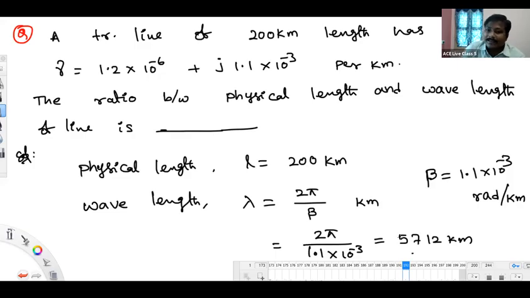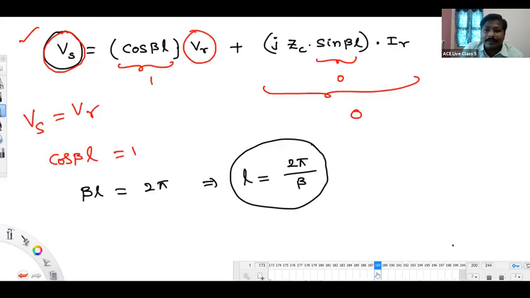Like that, we can experience the length of line required to make these Vs and Vr values equal. But it is not practical, and it is not actually required to run a line of 6,000 kilometers length. Running that much length of line is not necessary for us. So practically speaking, the length of the line may be like 100, 150 or 200 kilometers.